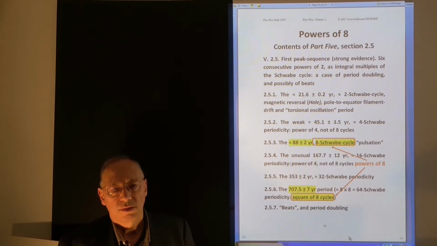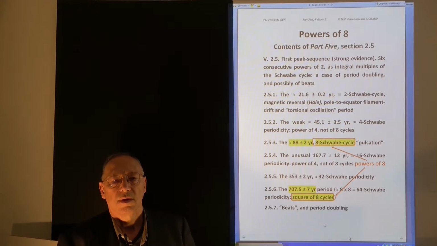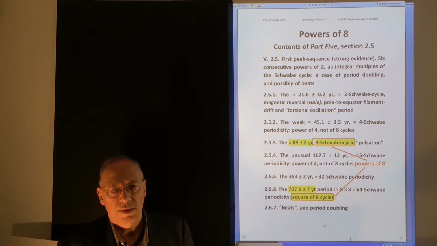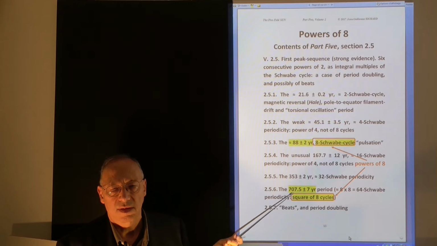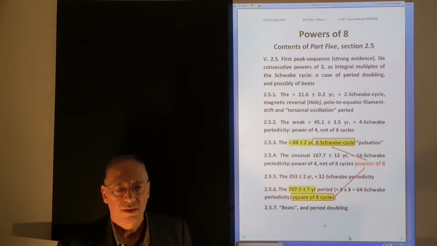Now, if we turn to the lengths in this sequence of periods which correspond to multiples of the Schwabe cycles in which the integral factor is a power of 8, we find the 88-year period and the 707-year period.